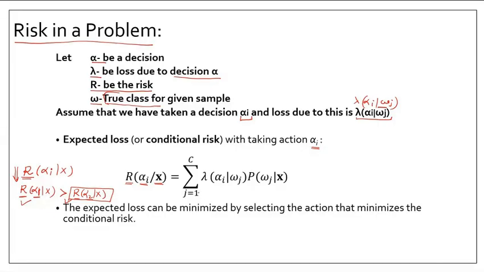So how do I compute the risk? Risk is equal to summation j equal to 1 to c, that is, over all classes, for the different decisions I take.